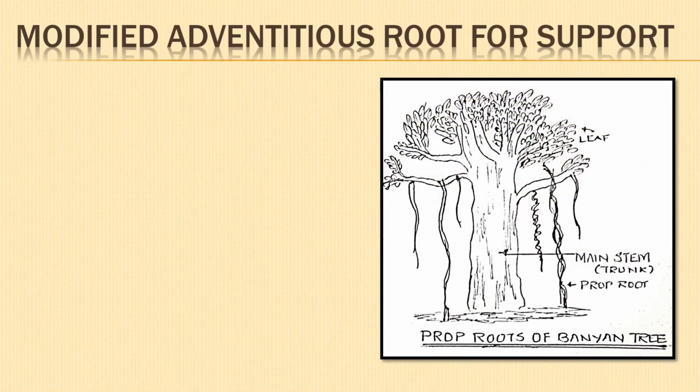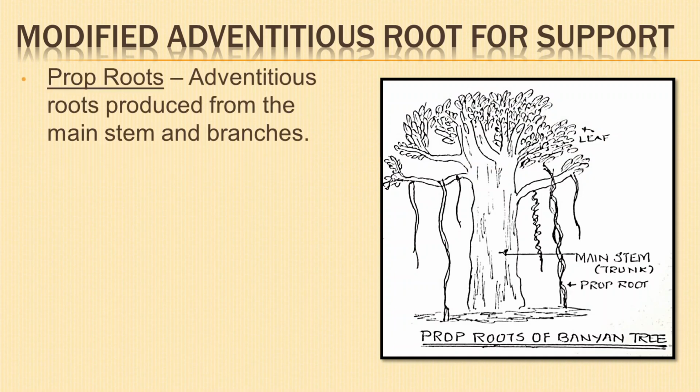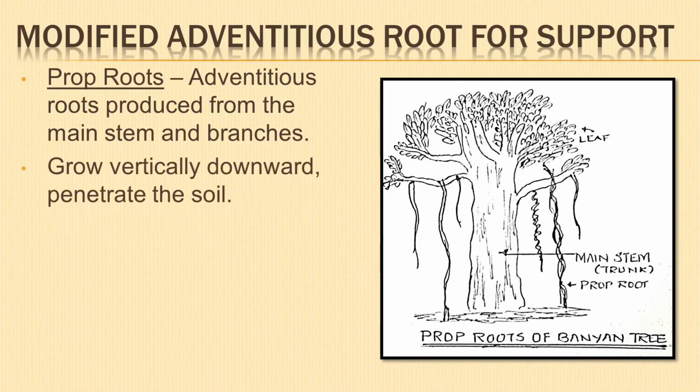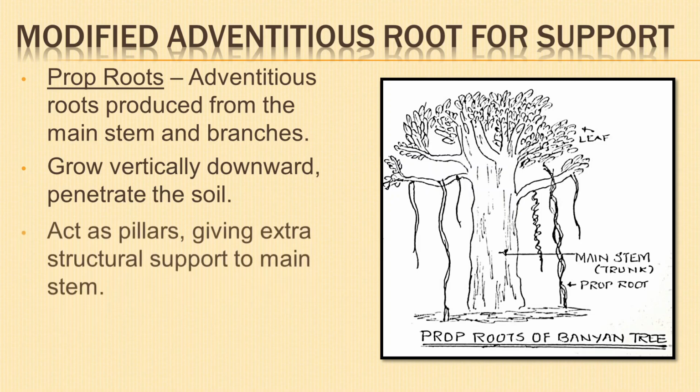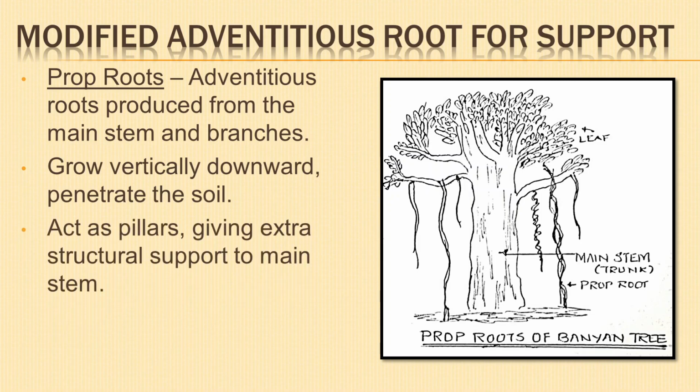Next are the modified adventitious roots for mechanical support. Prop root. A number of roots are produced from the main stem and branches. They grow vertically downward, penetrate into the soil, and act as pillars, giving extra structural support to the main stem.